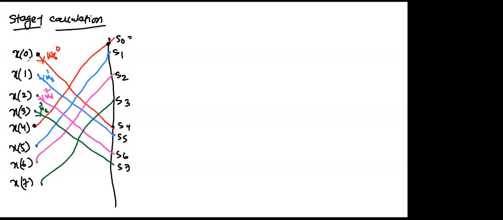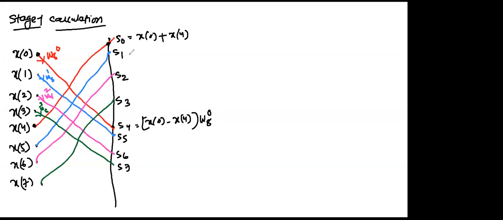Input is x0 and x4. Then according to the DIF butterfly, this is your x0 plus x4. Okay, and what is this? This is your x0 minus x4 multiplied by the twiddle factor, omega 8 at 0.